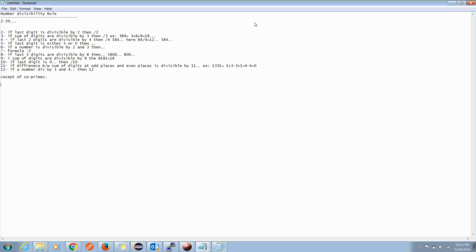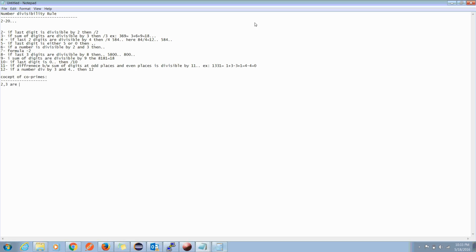So what are coprimes? Coprimes are a pair of numbers whose HCF is 1; then those two numbers are called coprimes.